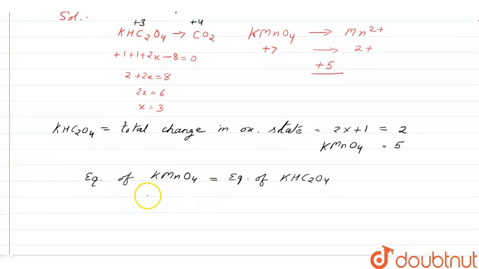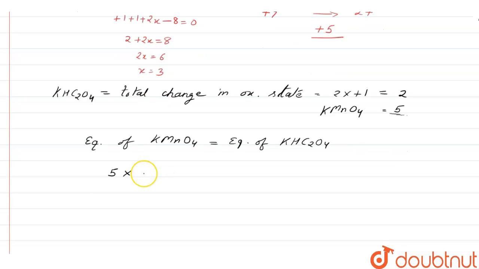For calculating this, we can consider that KMnO4 has a change of 5 units in the oxidation state, as you can see here. So 5 into molarity of KMnO4, which is given in our question as 0.02.